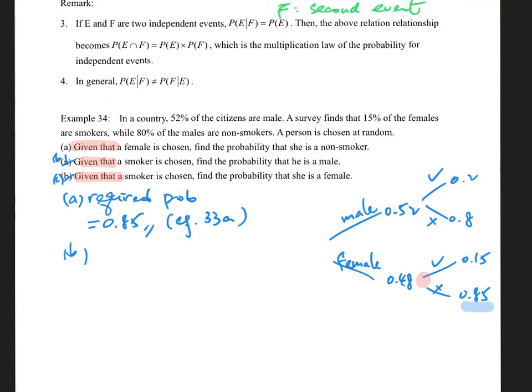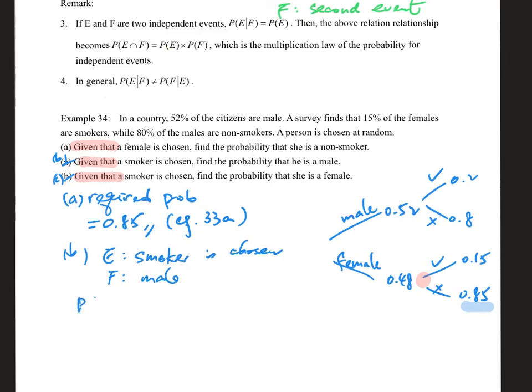I will write the events very clearly so that I can apply the formula accurately. E will be the first event, a smoker is chosen, while F will be he is a male.